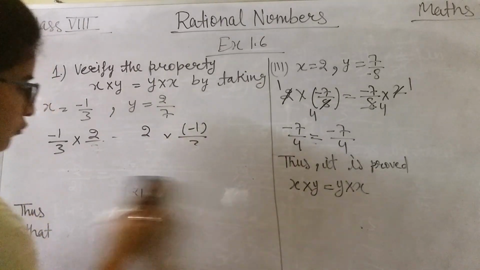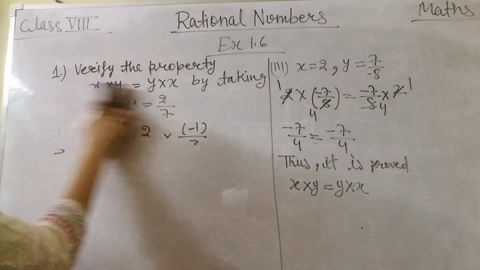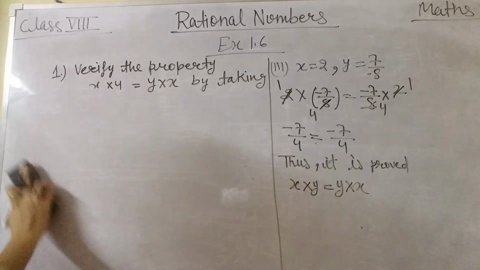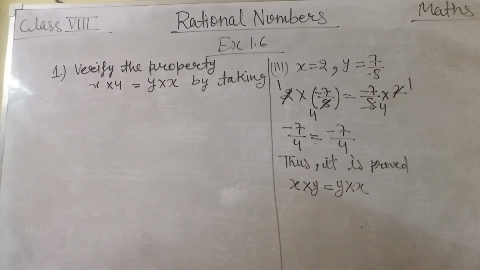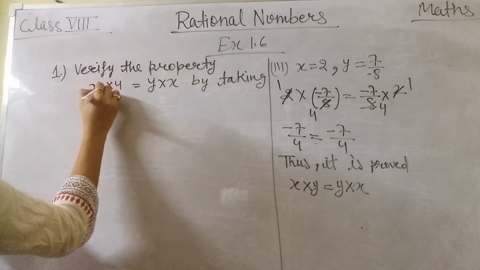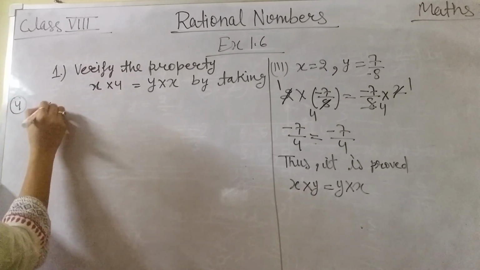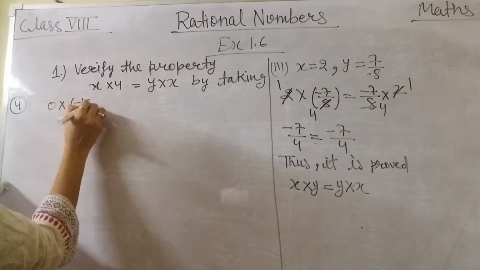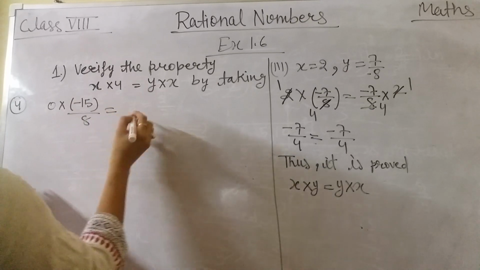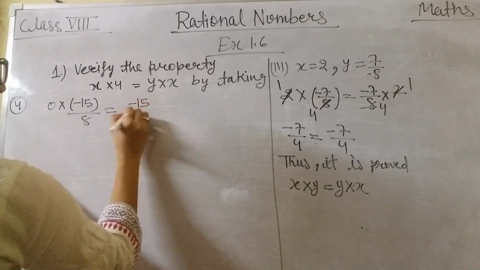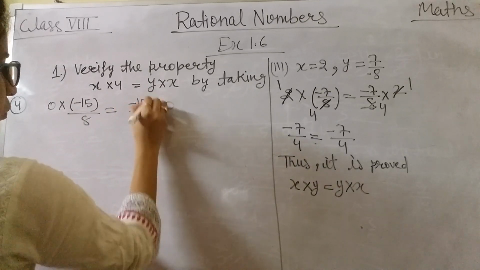Now we have question number 4. Question number 4 is 0 into minus 15 upon 8 is equal to minus 15 upon 8 into 0.